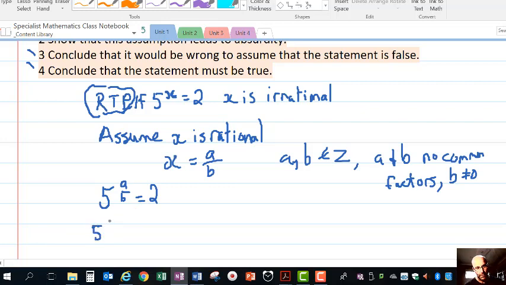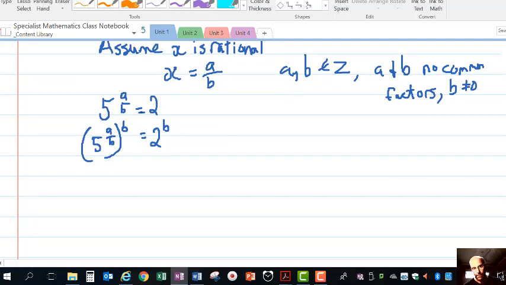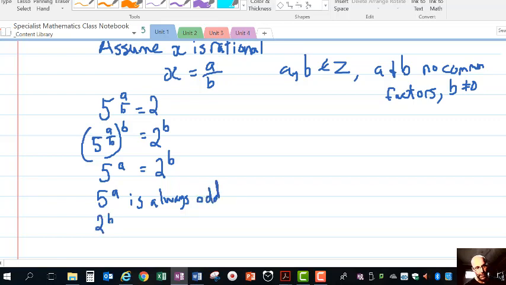Now here's the trick. If we raise both sides to the same power b, on the left hand side using index laws, power of a power, we'd have 5 to the a equals 2 to the b. 5 to the a is always odd. 2 to the b is always even.